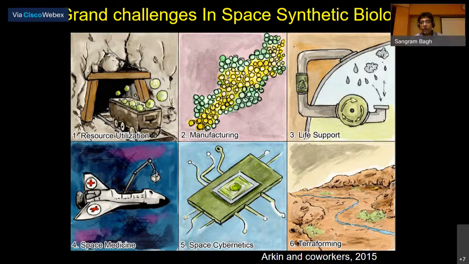At least I do believe that now you don't need to just terraform Mars. Sometimes you can think of terraforming Earth, because of the way the climate is changing on Earth, with carbon dioxide increasing and everything. Now probably you can think about something, not a full terraforming because Earth is already terraformed, but something of that scale.